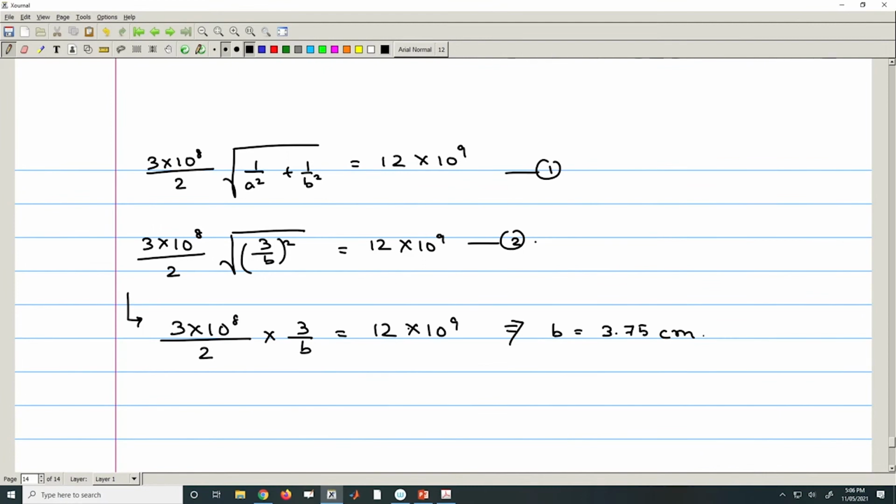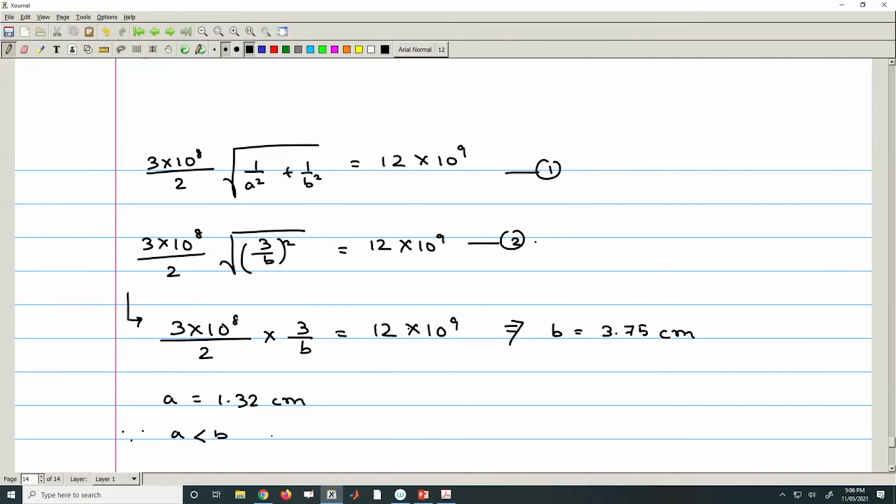Now, substituting the value of b as 3.75 centimeter in the other equation, we will get a as 1.32 centimeter. Okay. Now, since a is less than b, therefore, the dominant mode is TE01.